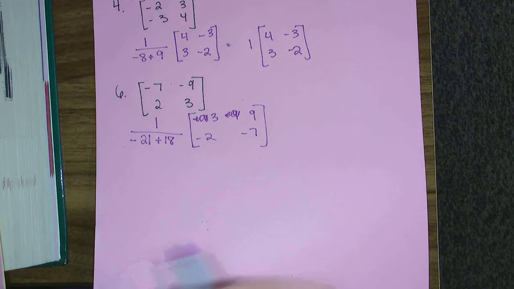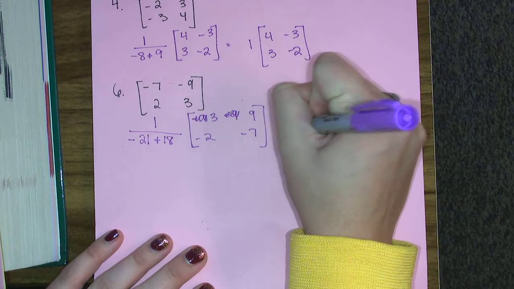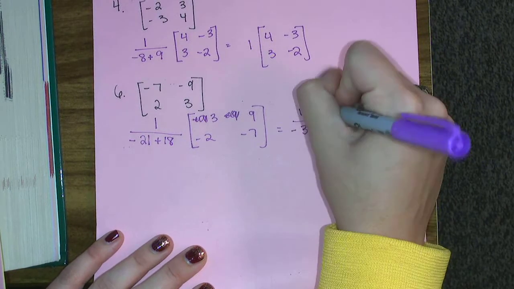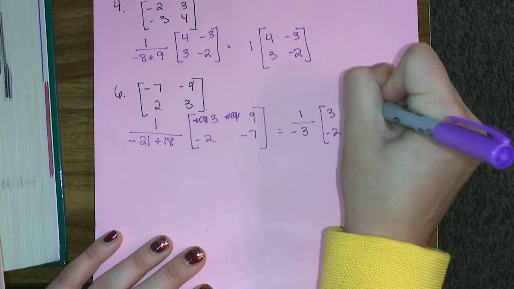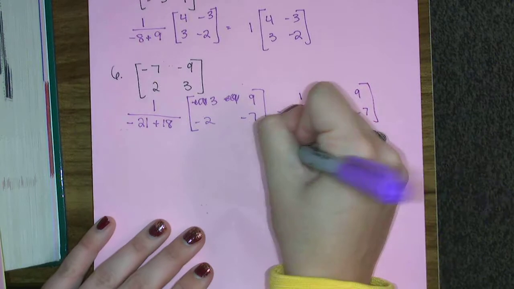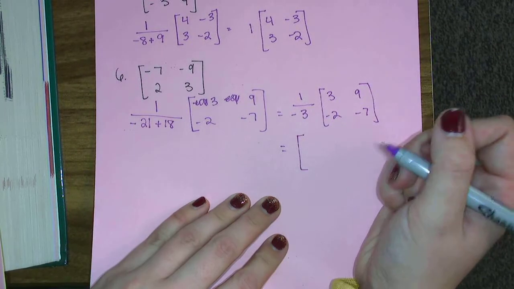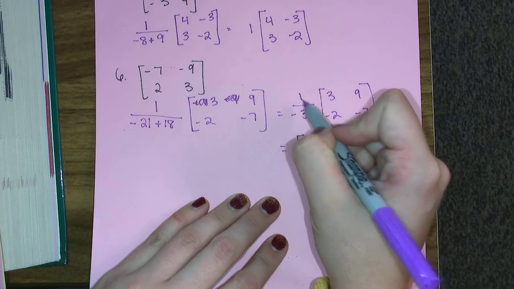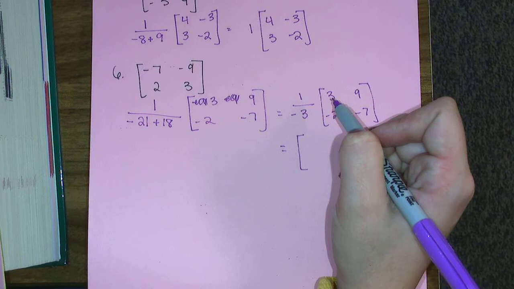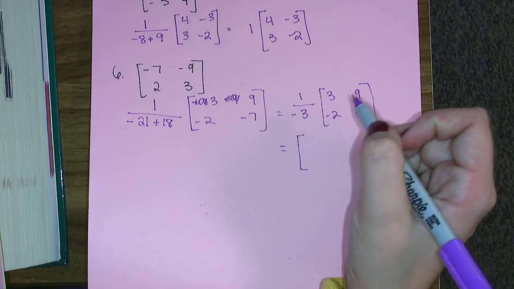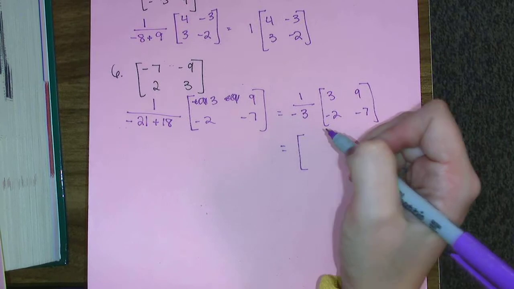So I end up with then, 1 over -3, and then 3, 9, -2, -7. So when I multiply through, what do I get? Well, you're multiplying 1 over -3 by that. Basically dividing by 3.